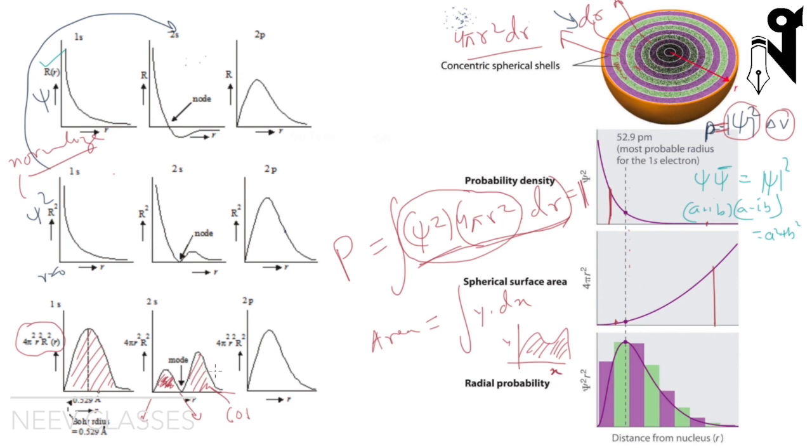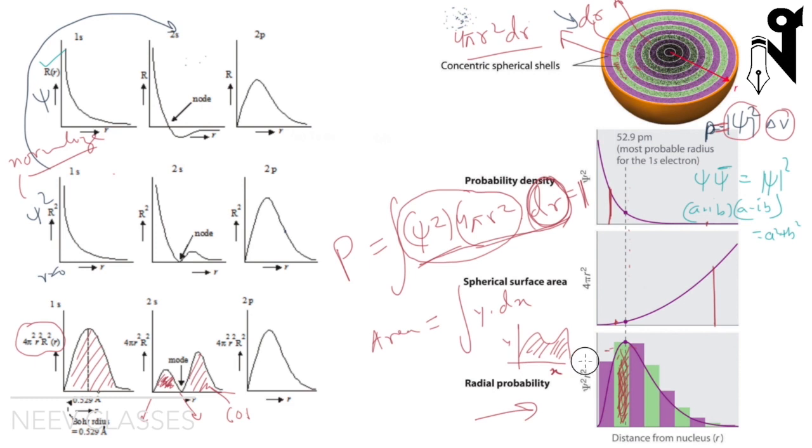If you want to get it in any one area, come over here. They have shown it over here. If you want to know the probability of the electron being here, then the thickness of the green bar was your dr, and the height of the green bar is your psi square 4 pi r square.